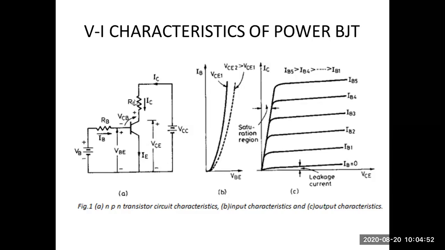RB and RC are not physically resistors in the transistors given to you, but the switch has some internal resistance. We should consider that because it plays an important role in the performance of the switch. If the internal resistances are high, obviously the losses will also be high.